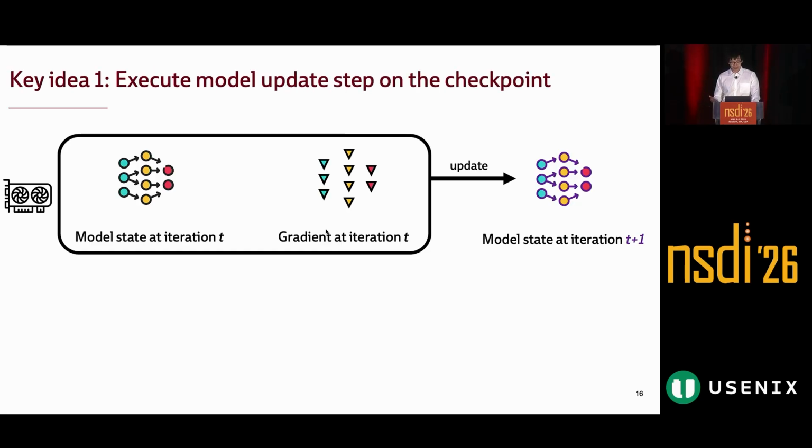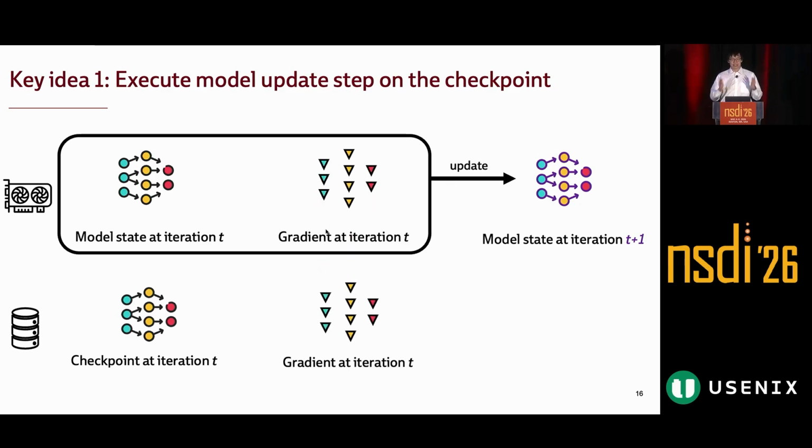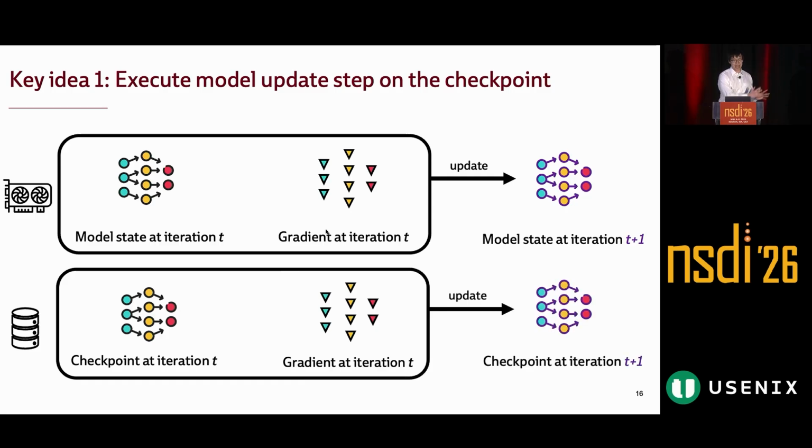A checkpoint is an entire copy of the model state at iteration t. And our key idea is that a checkpoint here can be advanced by executing this same update step. Given the gradient, applying the identical updating rule to this checkpoint will yield a new checkpoint that matches our model state at iteration t+1. And because this checkpoint resides off GPU, this update is transparent to the GPUs and will not have any overhead.